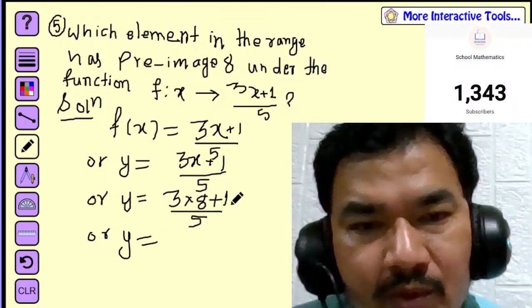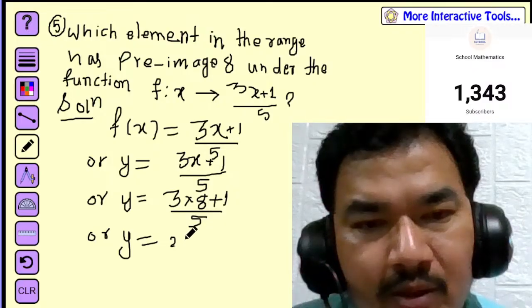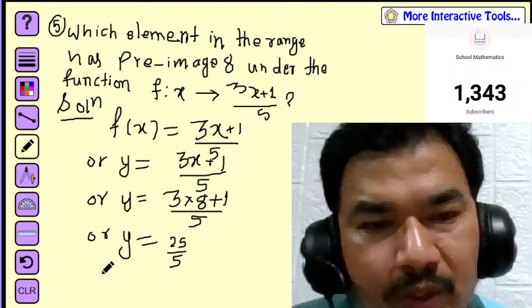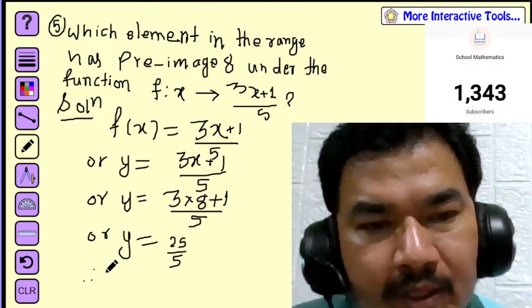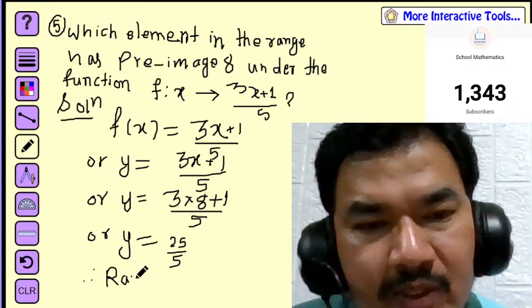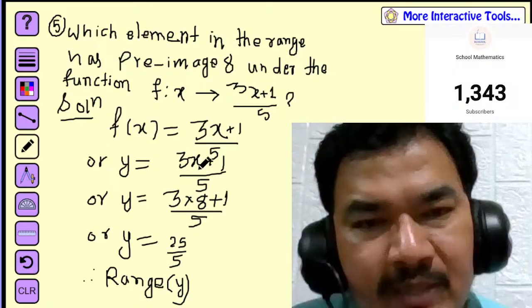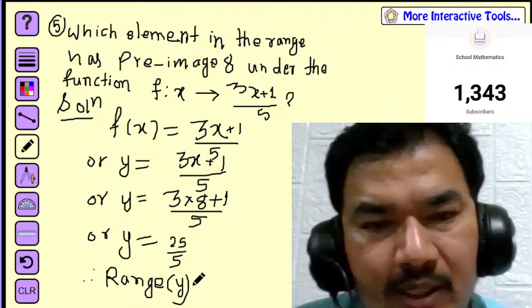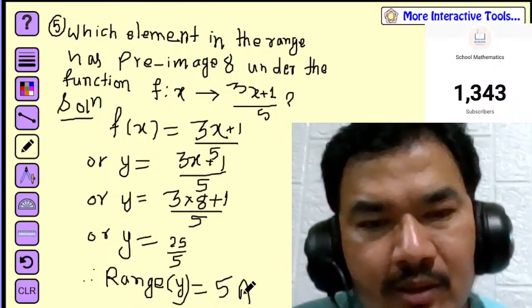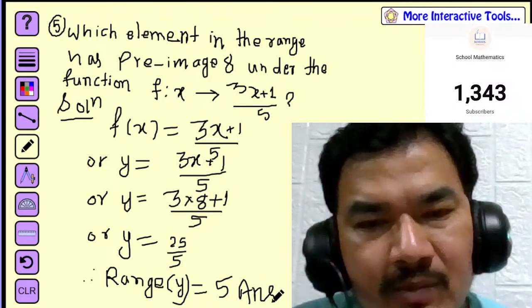See, 3 times 8 is 24, plus 1, 25 will be here. Then 25 divided by 5 gives the range. Range is the value of y, because we put the value of the pre-image, which is x. Then we got 5. This 5 is the answer of this question.